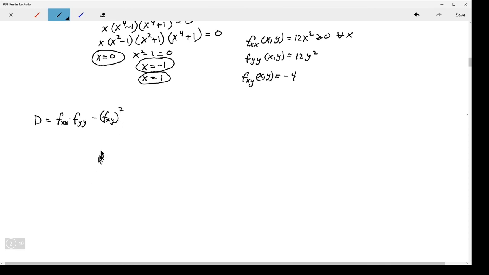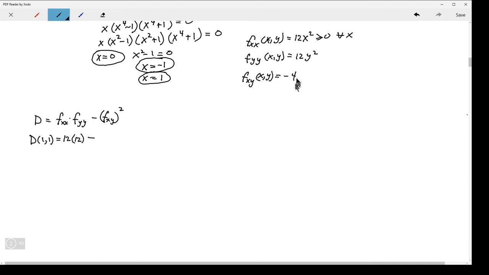So for (1, 1), D of (1, 1): fxx at (1, 1) is going to be 12. fyy at (1, 1), again, put in 1, it's going to be 12.